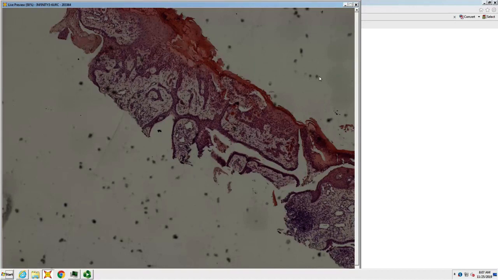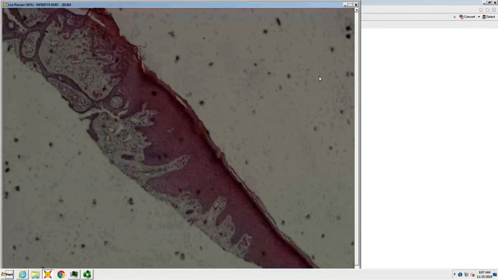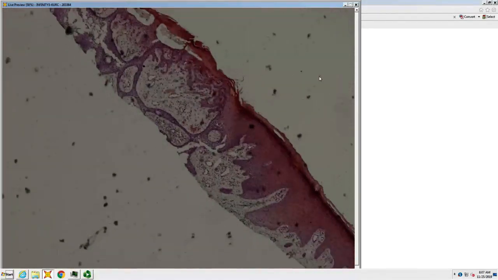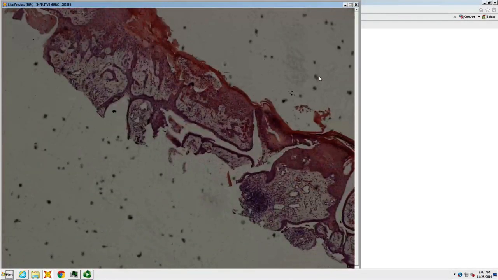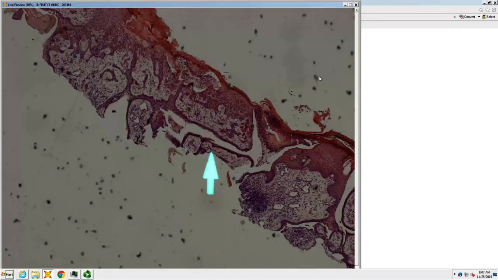Fibroepithelioma of Pinkus if they have buds. This is kind of a verrucous looking thing. Not sure if it's stasis or tumor all over the lower extremities. And anywhere you biopsy, it shows these snaking ducts.